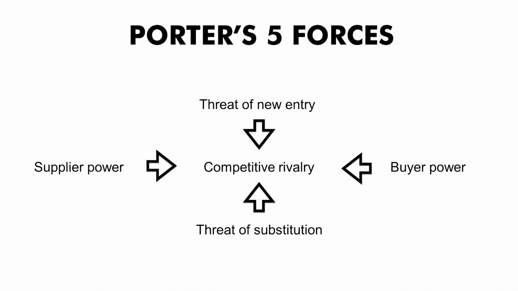Now write the other 4 forces on the external vertices of the axes. Place threat of new entry in the north, buyer power to the east, supplier power to the west, and threat of substitution to the south. In this way, you can easily understand that all those 4 forces affect the competitiveness.